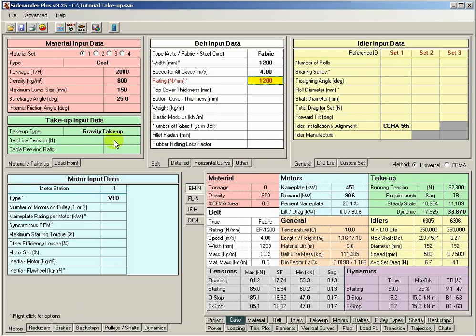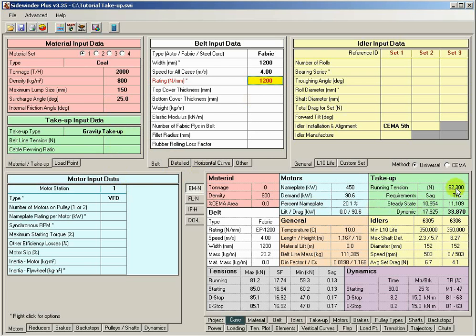And just like the take-up tension, you want to be able to eventually specify that and continue on with your design. So it's fine to let Sidewinder make an initial guess, but as you nail down the design, these values should start to fill in.